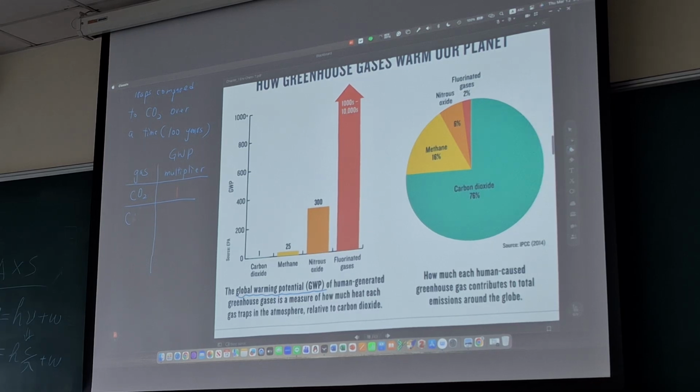Okay? And methane will be 25. And nitrous oxides will be 298. Okay?